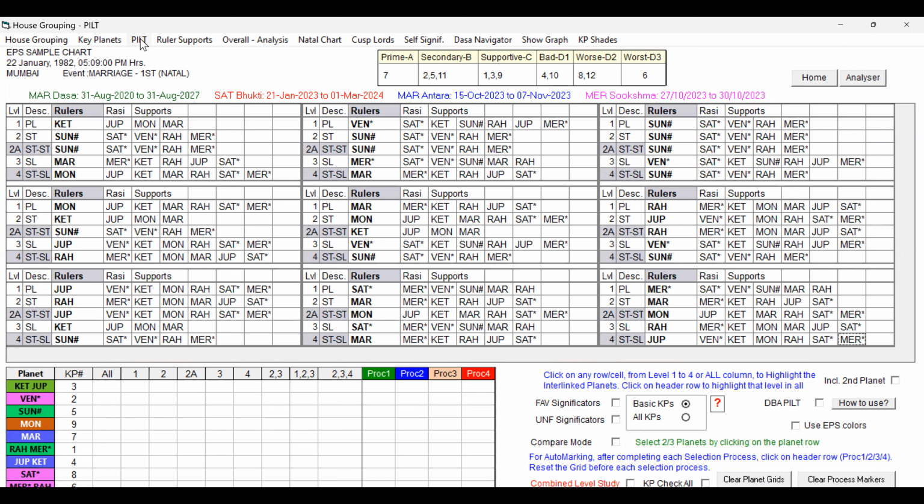If you click the PILT table, you can see all 9 planets, with tables like EPS tables given here. It means, take Ketu. Just a minute, I will show you.